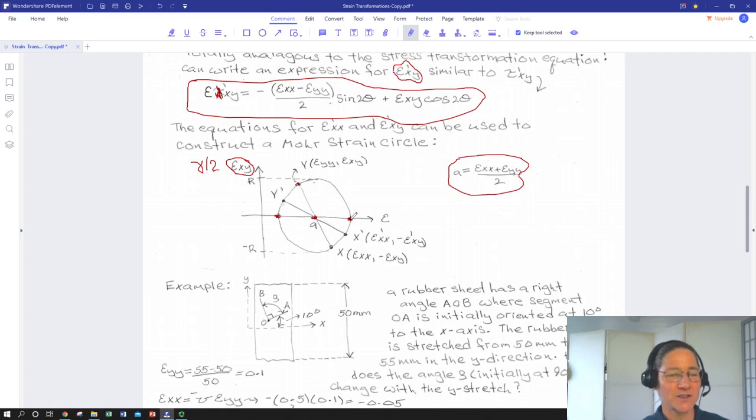So we'll have the max strain at whatever orientation this point corresponds to, and the minimum stretch or compression if it's on the other side of the axis. And then at the angle corresponding to these 2 points, we would have our maximum shear deformation, so our maximum change in a right angle. So what angles are those with respect to something on the original part that I cared about?